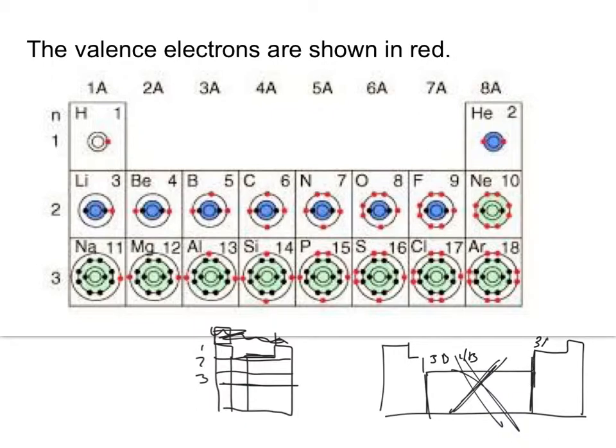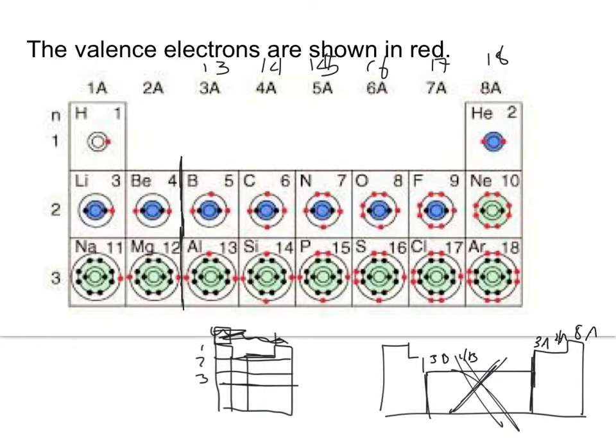So this is actually 3A, then 4A, 5A, 6A, 7A, and then the last one is 8A. So that's what's going on here with these A's and B's. This is also technically known as 18, 17, 16, 15, 14, and 13. 1 and 2 are always just 1 and 2 because they're before the transition elements start. So the transition ones would be right in here.